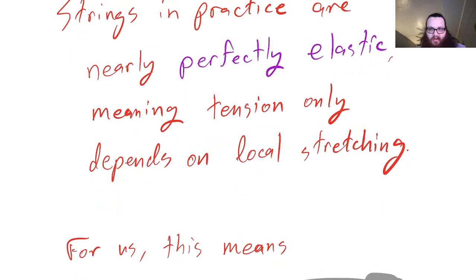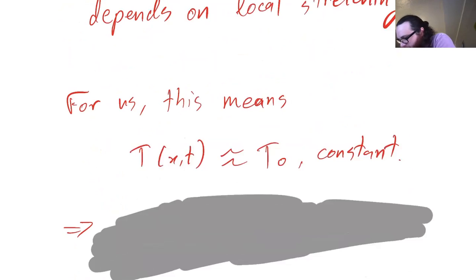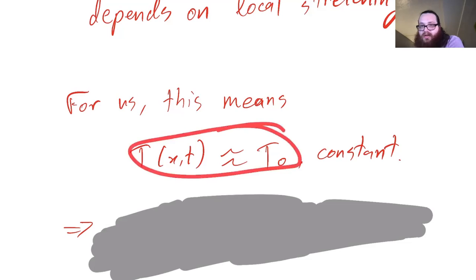What does it mean in practical terms for us in our development? Well, for us, that means the tension at a point in space and time is approximately constant. Like before with the heat equation, where we assumed that the diffusion coefficient, that flux term K0, was constant, depending on the material of the rod. Here we're assuming that the tension is constant throughout.